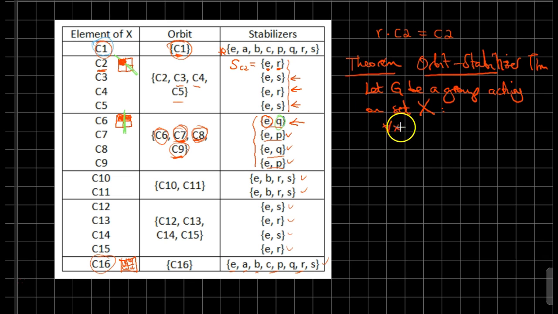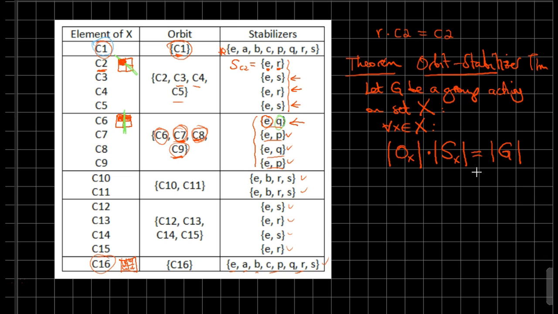For every x in X, we have that the number of elements in the orbit where that particular coloring lives, times the number of group members which stabilize, which fix that element, that coloring, should be equal to |G|, which is the number of elements in our group.